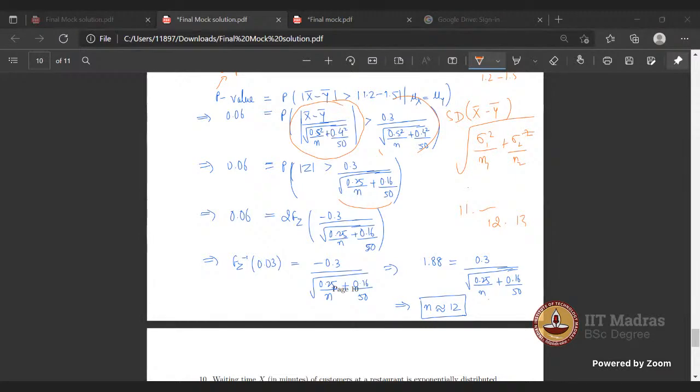Practice assignment solution, week 11. You are able to see the screen, right?